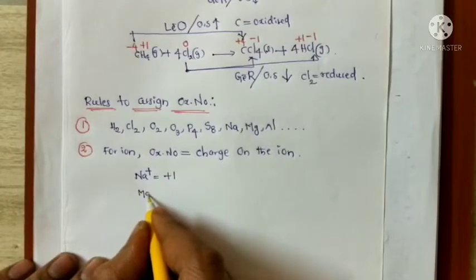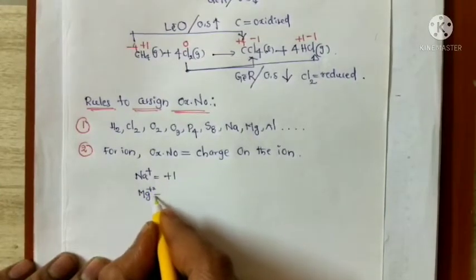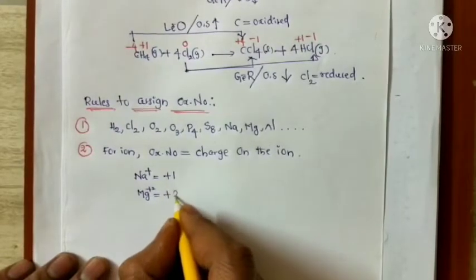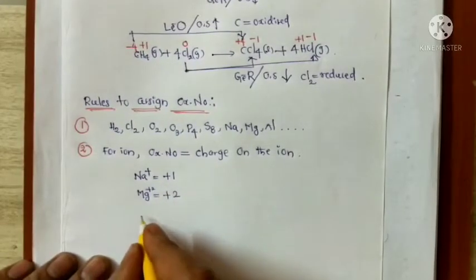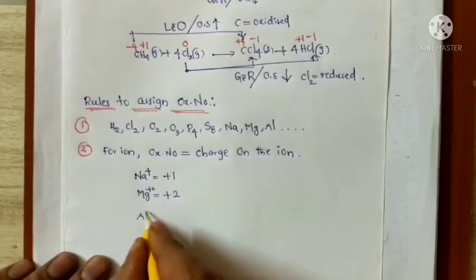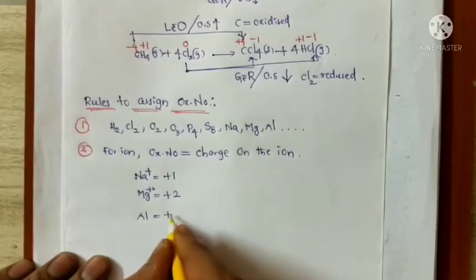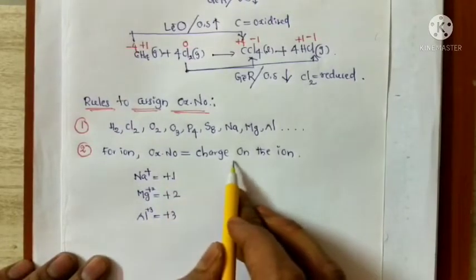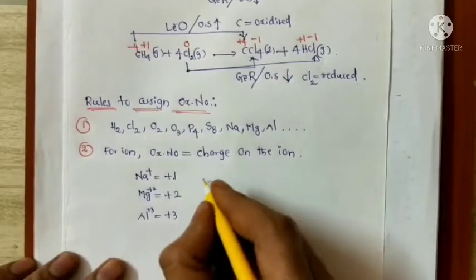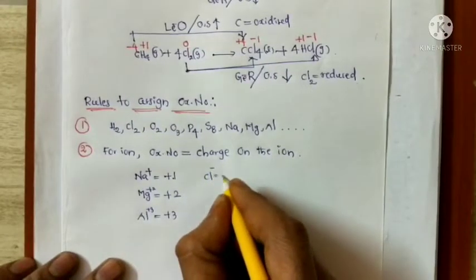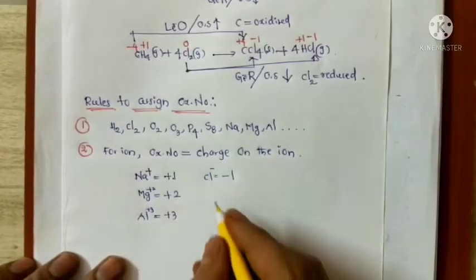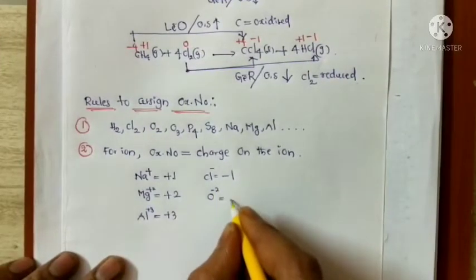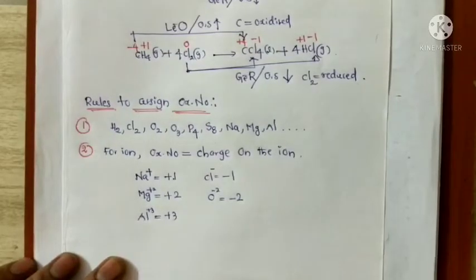Magnesium always exhibits the +2 oxidation state, because the charge is +2. Aluminum is always +3. So the oxidation number is exactly equal to the charge on the ion. Cl-, the oxidation state is -1. O2-, the oxide ion, the oxidation state is -2.